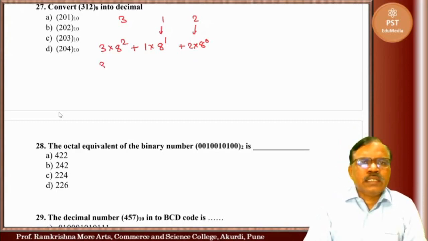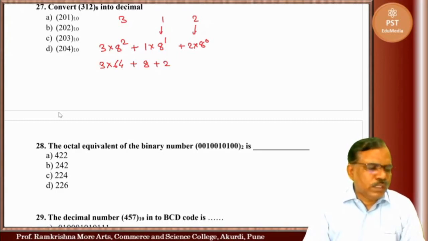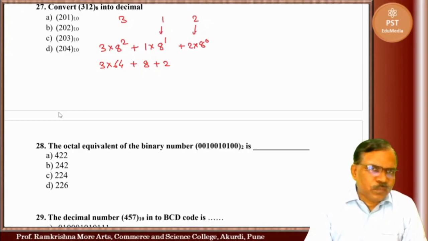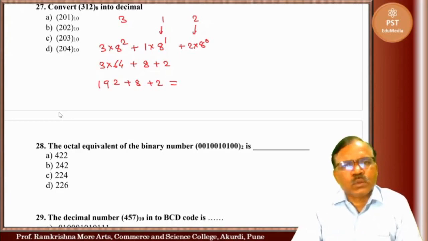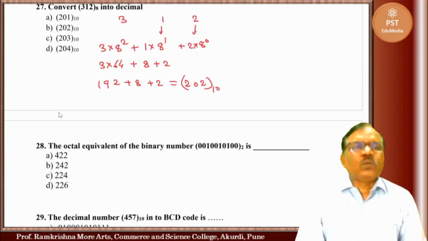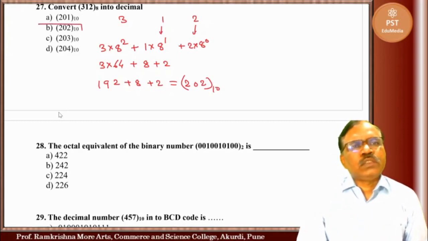So here 3 into 64 plus 8 plus 2. So here 3 into 64, 192 plus 8 plus 2, 192 plus 8, 200 plus 2. So you will get 202 to the base 10. So this one is correct.